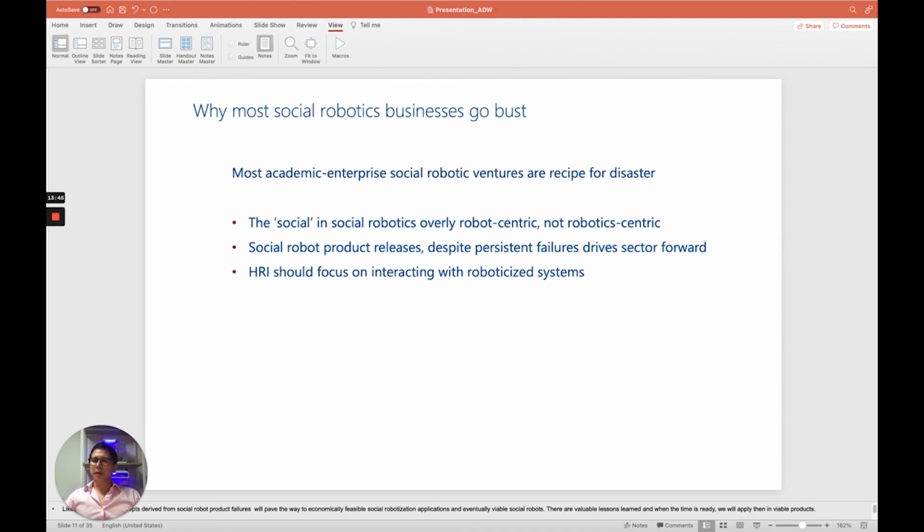And so they think about the social element within the cars. And really, when we think about this, there's a lot of truth to that. In thinking about roboticized systems, that's where we really need to apply the lessons learned from social robotics research.